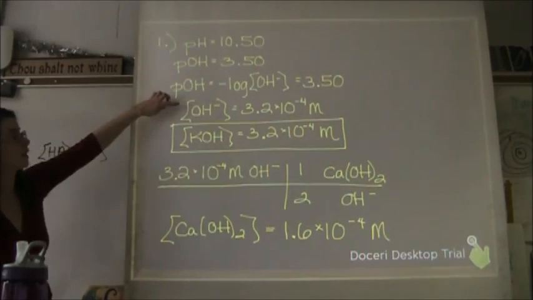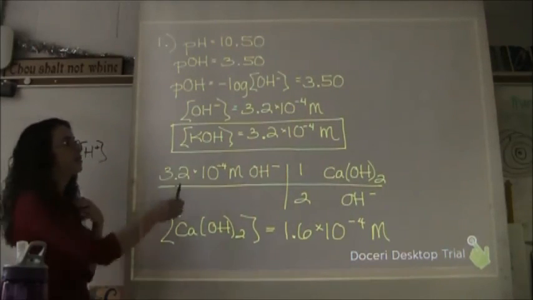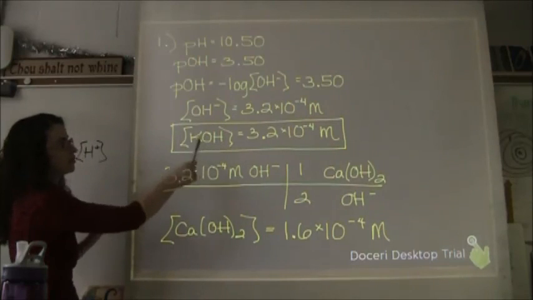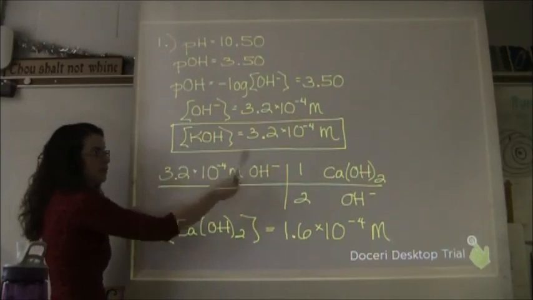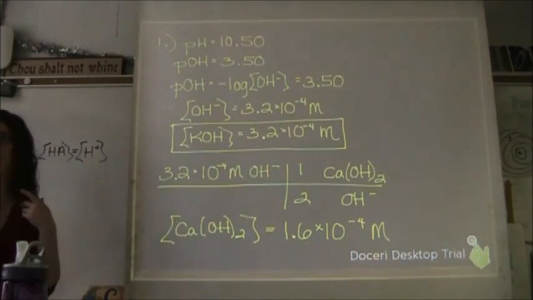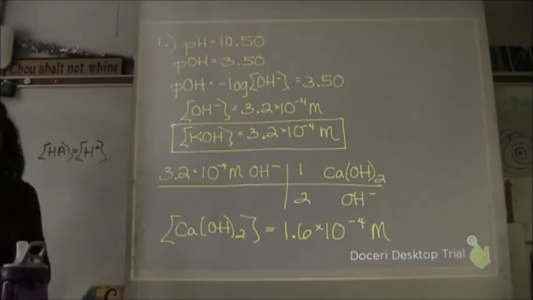It's not going to affect the OH minus concentration, but it would affect the concentration of the whole compound. The reason I didn't have to worry about that in this problem is because if I did this, these numbers would just be 1 and 1. I just wanted you to be aware of that. Make sure you are careful. I'm going to stop there.